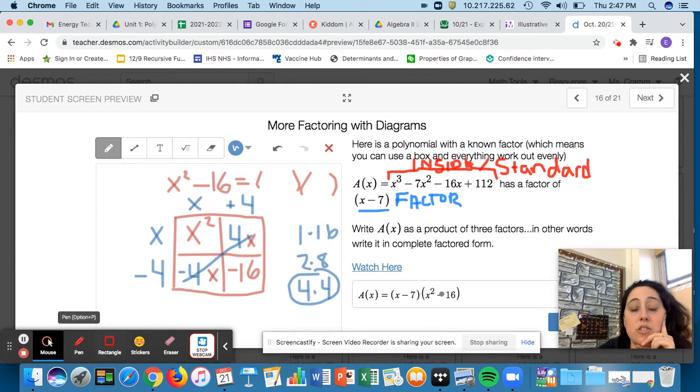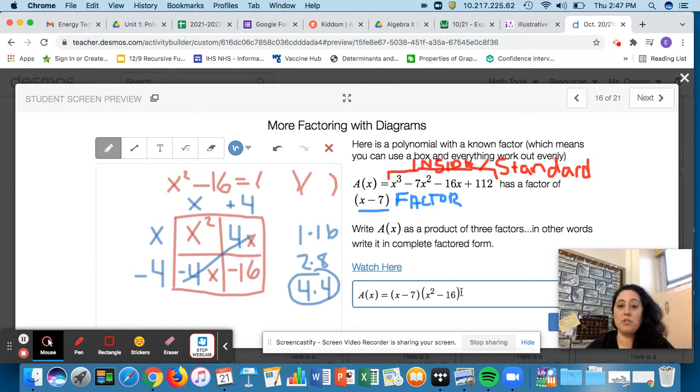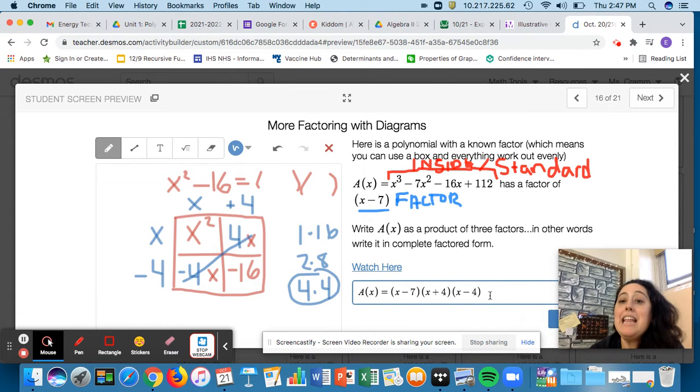All right, so if I look back at this, I keep the x minus 7 factor, but I can actually rewrite x squared minus 16 as x plus 4 and x minus 4. All right, this is what is considered complete factored form.